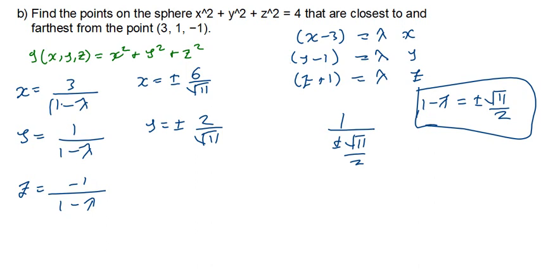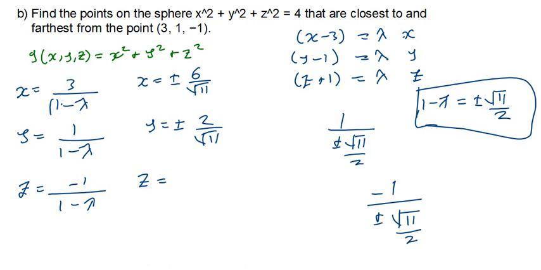So we come to the z. The z is going to be equal to... what are we going to do now? For the z, we are supposed to say minus 1 over positive or negative, divided by 2.